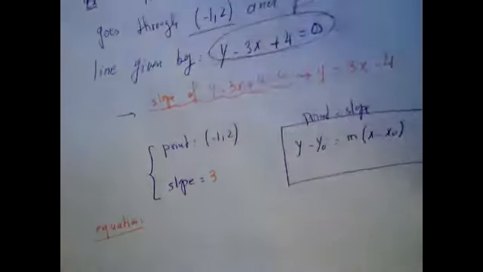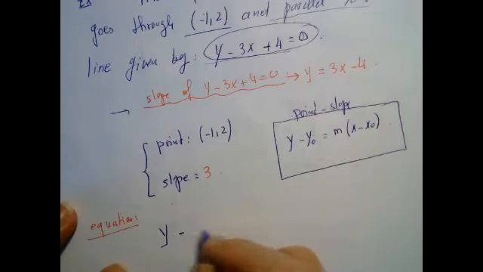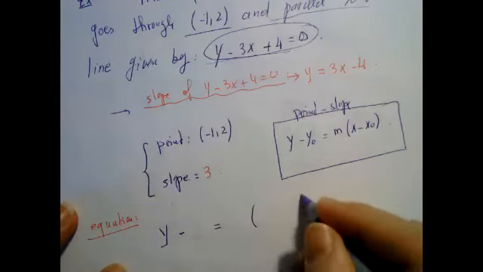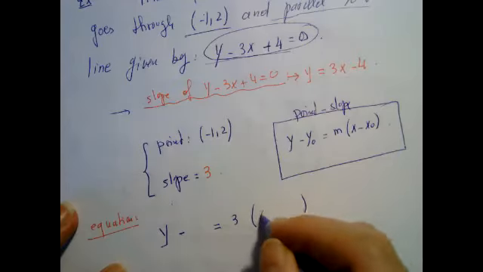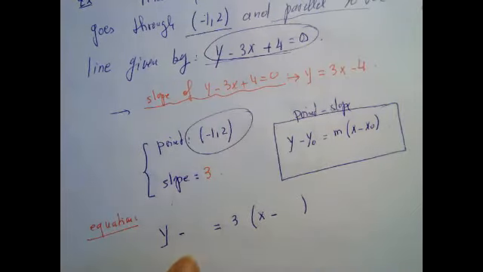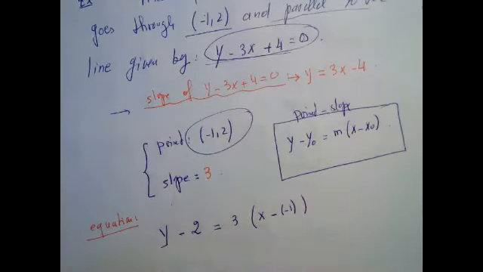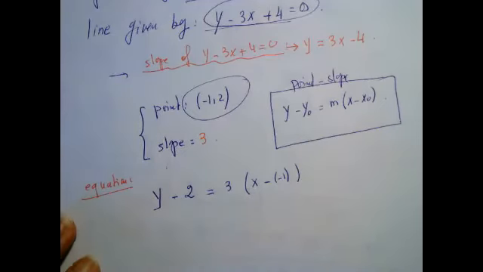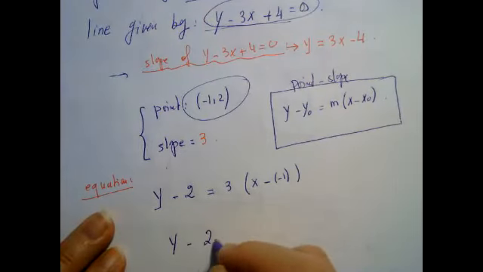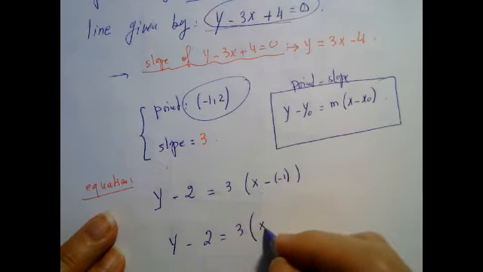So I'm going to use this instead of y equals mx plus b just to practice both of them. So the equation will become y minus 2 equals the slope times x minus, and the point is minus 1, 2, which means I put 2 here and minus 1 here. And then the equation becomes y minus 2 equals 3 times x plus 1.